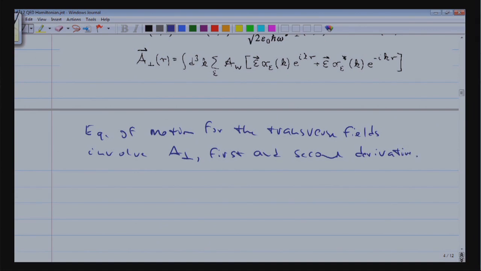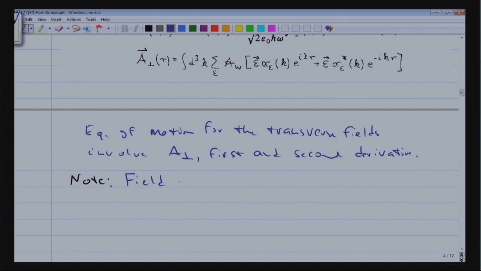So that means that, well, if you have a second order differential equation, which is the full description of the electromagnetic field, then you know that the solution of the second order equation needs as an initial condition the field itself and the first derivative.